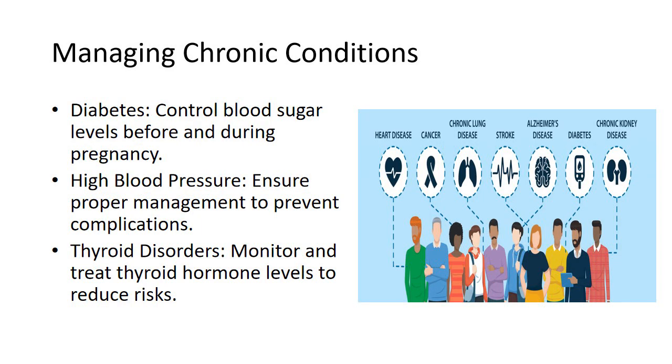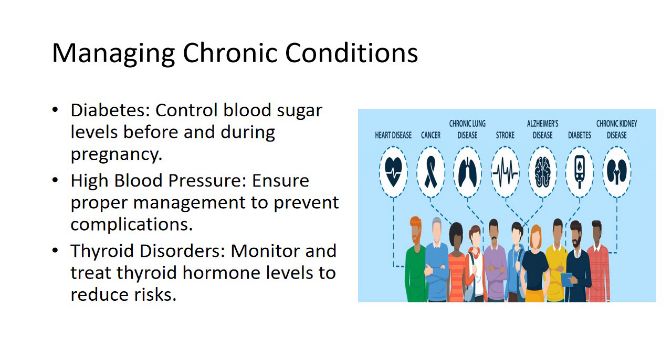Managing chronic conditions. Diabetes management: for women with diabetes, managing blood sugar levels before and during pregnancy reduces the risk of birth defects. Well-controlled diabetes minimizes risks for the baby, including heart defects and neural tube defects. Avoiding environmental toxins: limit exposure to toxins.